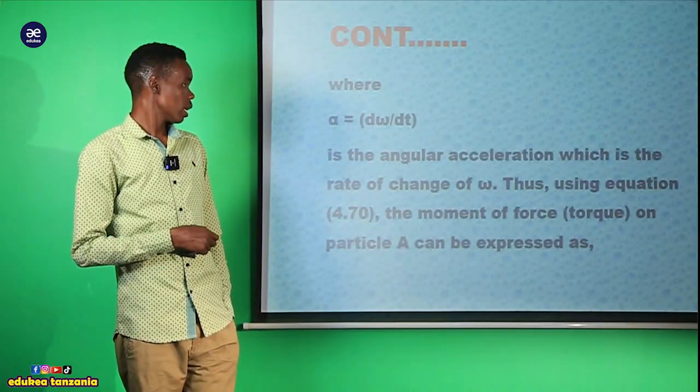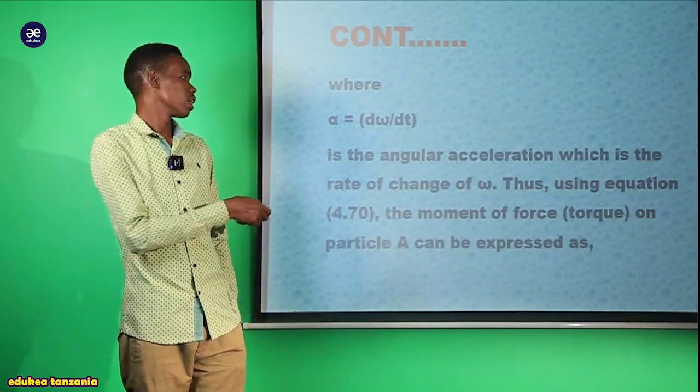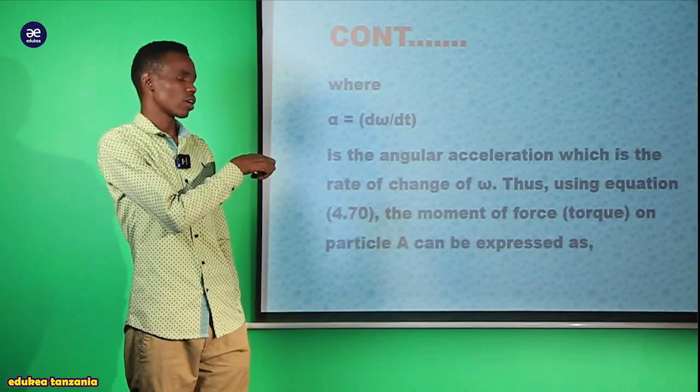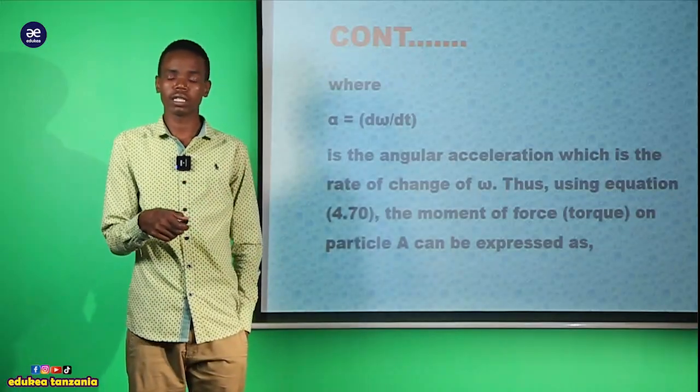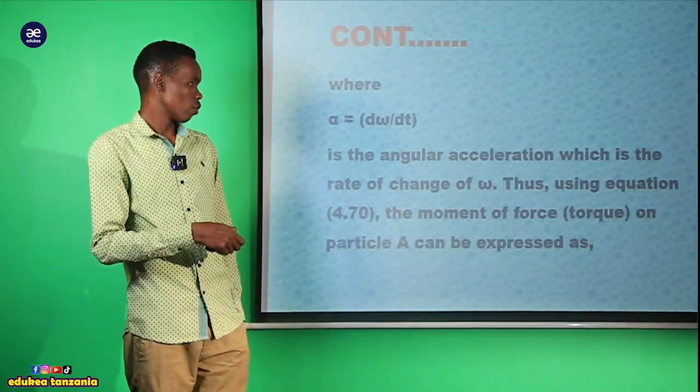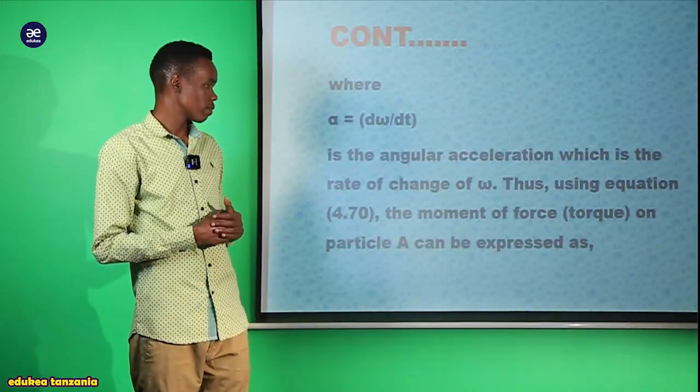And this is the angular acceleration, which is the rate of change. As I told you, the meaning of this alpha is the angular acceleration, which is expressed as the rate of change of w. So that is using equation number 70.